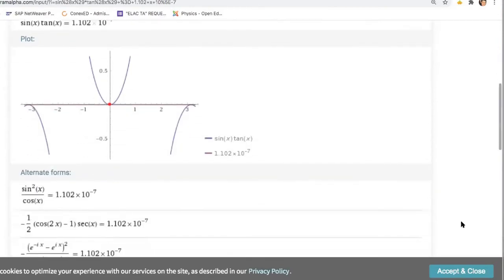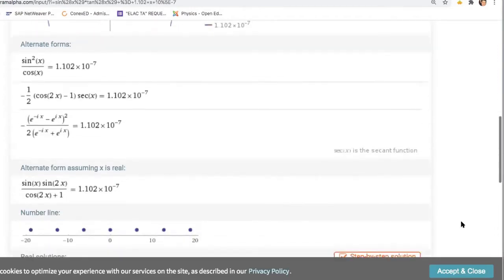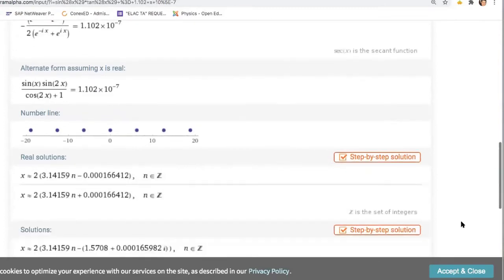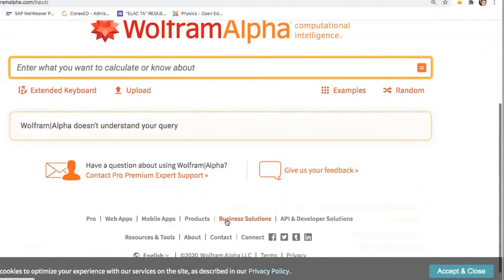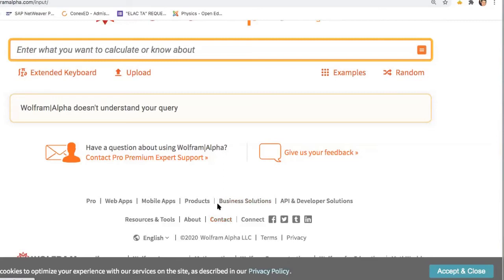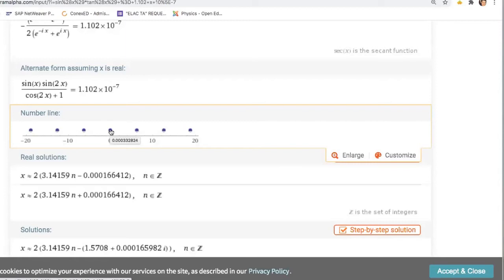Sine squared over cosine. Oop. What happened? Point 0.00033. Oh yeah, because it's such a small number. 0.000.